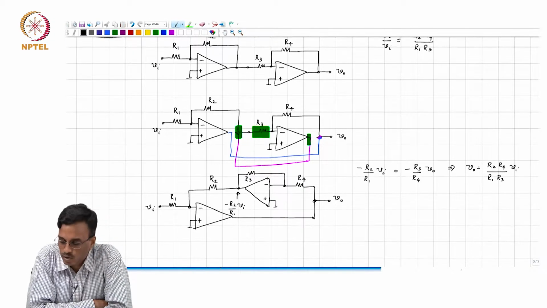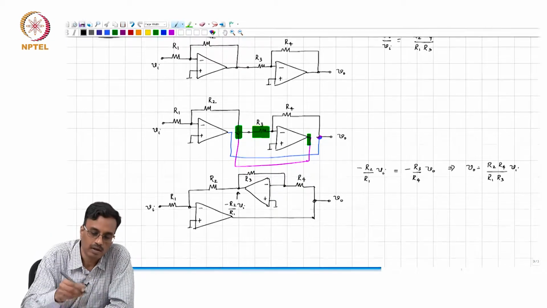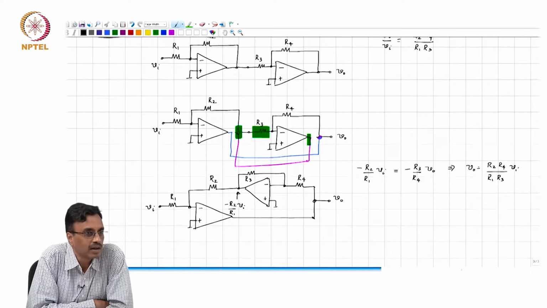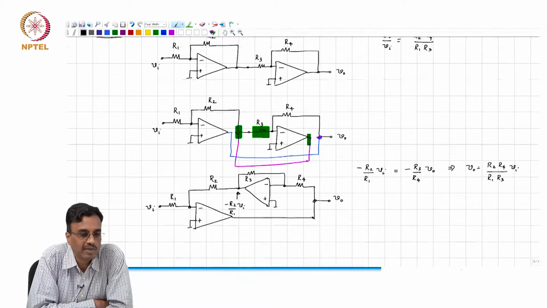Right? So, if you have 3 op amps in a circuit, that basically means that you can generate multiple looking circuits.